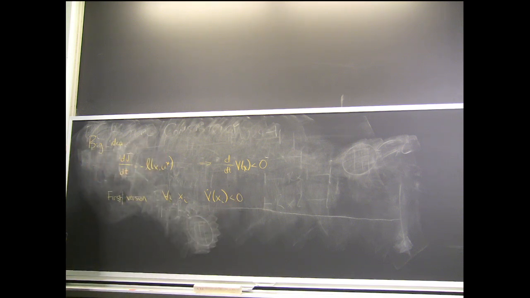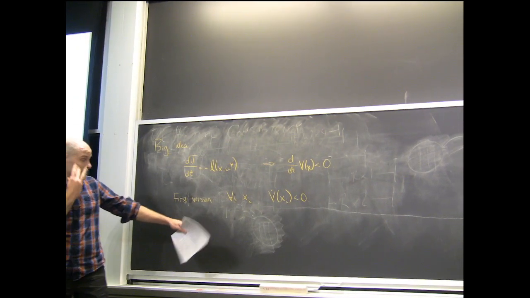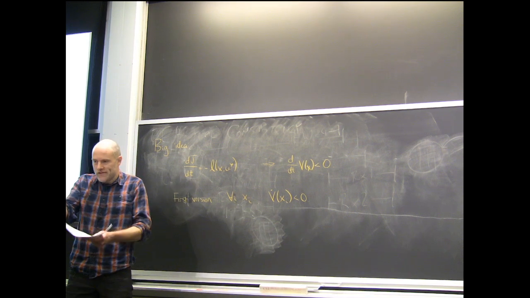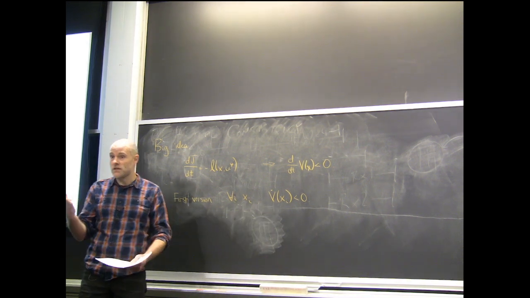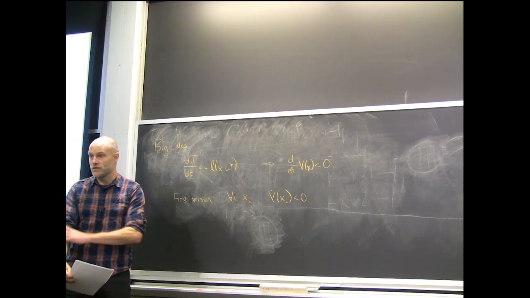That was enough in the simple case of the pendulum. If I were to search for a Lyapunov function that was scaled appropriately and just satisfied this at a bunch of points, that was enough to reconstruct something that looked like the mechanical energy of the pendulum.